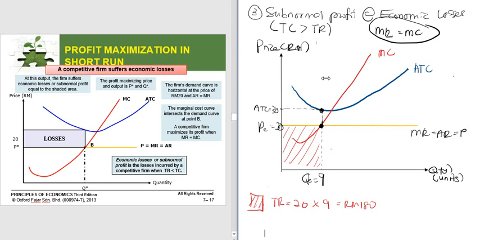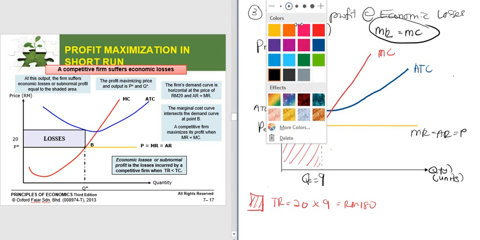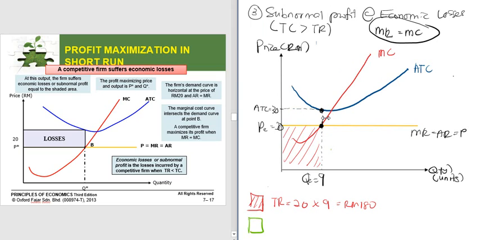So to find the total cost, the total cost is the green area. Let's say I calculate it first. 30 times 9 is RM 270. Okay, so where is the area of total cost in this graph? It is this area.